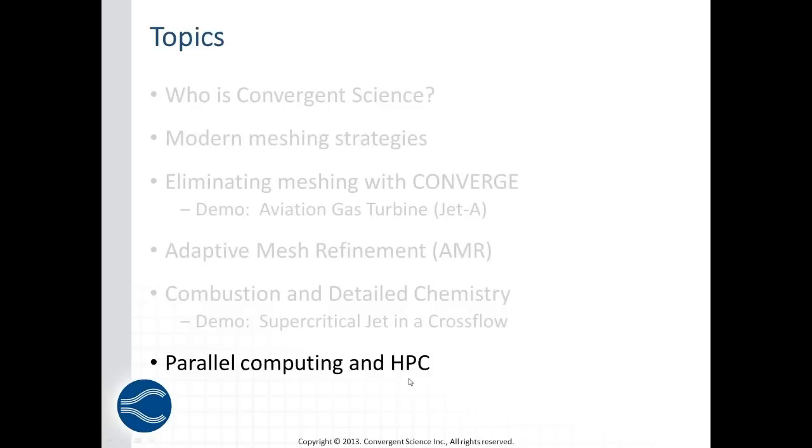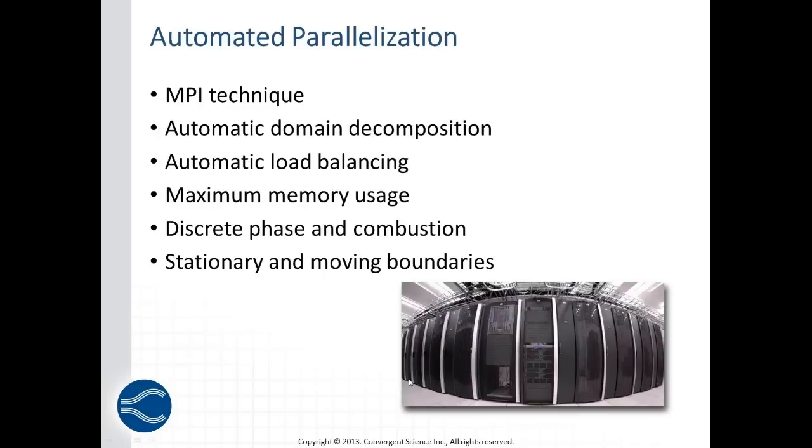So let's talk about parallel computing and Converge. It certainly has been parallel for a long time. A lot of people are using it in high-performance computing, using the MPI technique and automatic domain decomposition. We're very mature in our load balancing and have really worked to optimize memory usage.